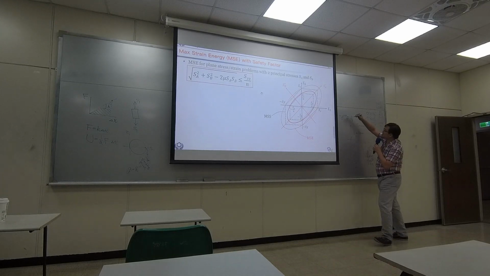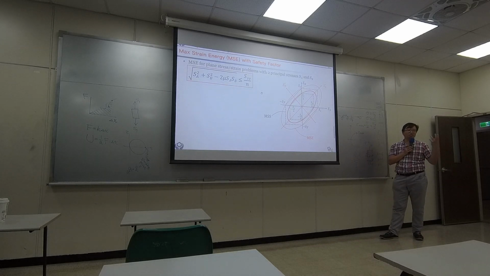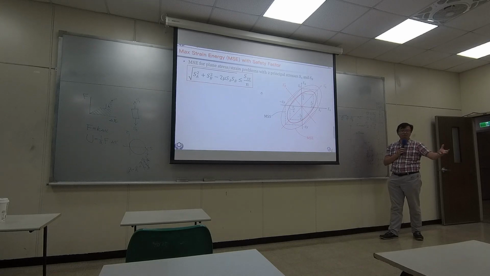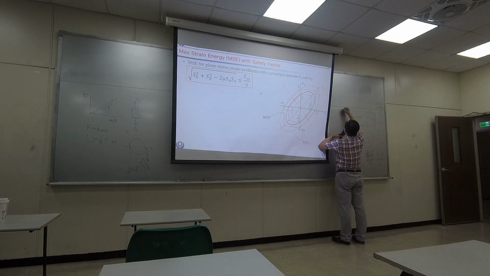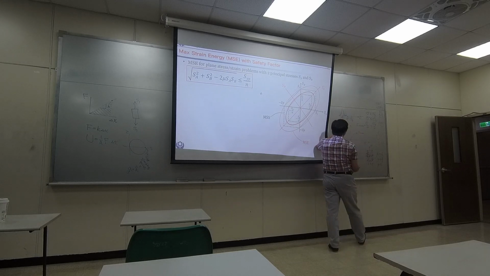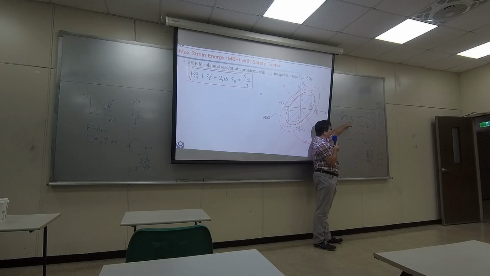So in fact, if you have 10,000 pieces of your part and they are carrying the same load, statistically, it looks like a distribution like this. Okay? And when this distribution is far away from the upper limit, the probability of failure is low.